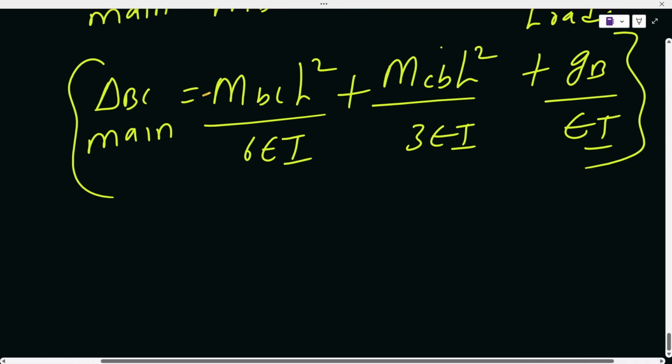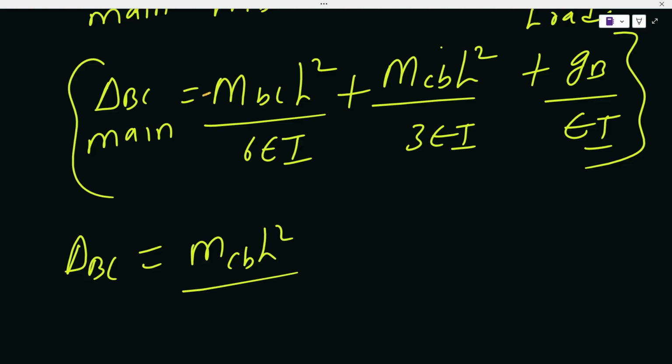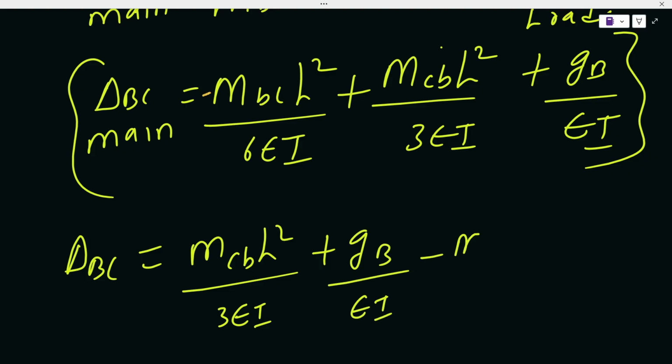That is, writing it like a mathematical person, we'll be having delta BC is equals to MCB L square over 3EI plus GB over EI minus MBC L square over 6EI.